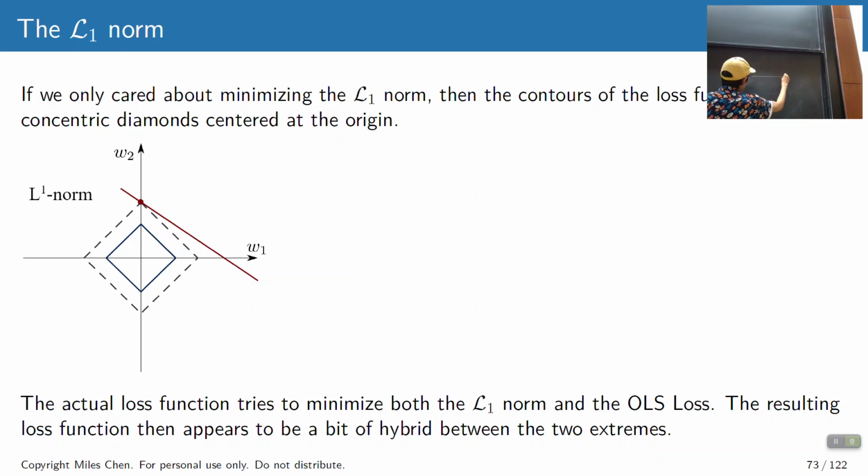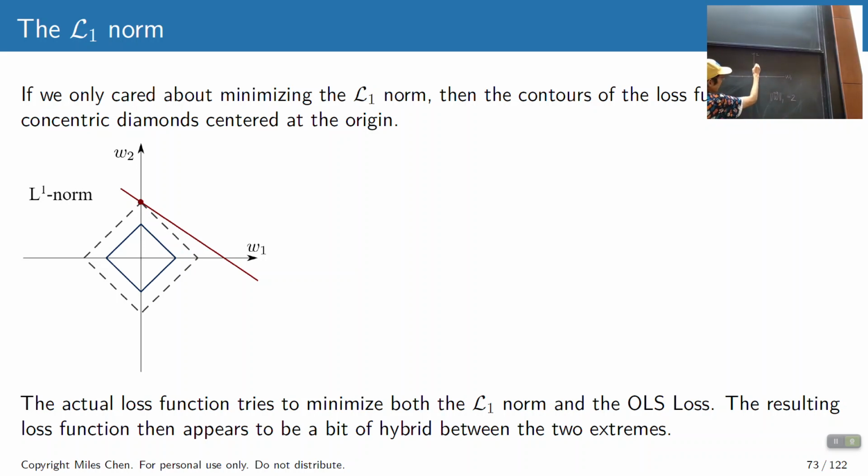We can have different values of W1 and W2, and if I said the L1 norm of W is equal to 2, what are the values you can have?